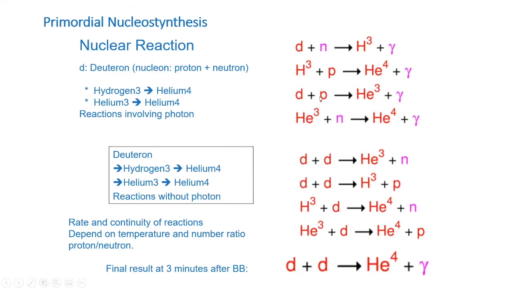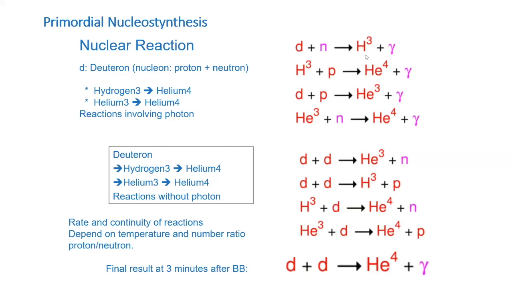So, for example, deuterium, or deuteron: the nucleus of deuterium consists of a proton and a neutron. The number of protons tells you the uniqueness of the chemical element. So hydrogen has one proton, but it could have extra stuff in the nucleus, one neutron or two neutrons, making it a heavier hydrogen.